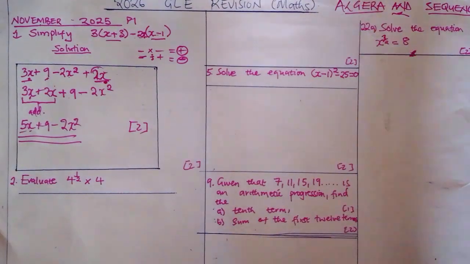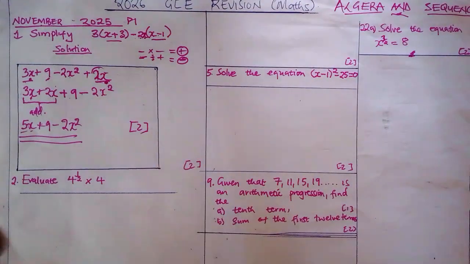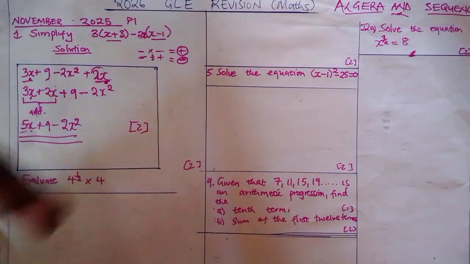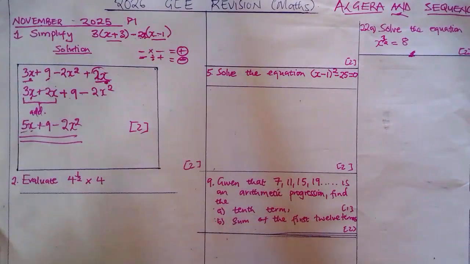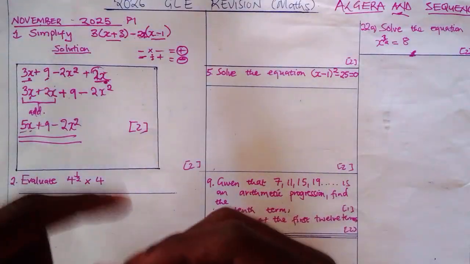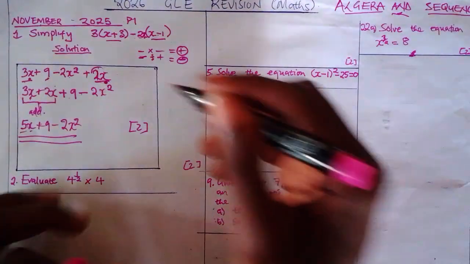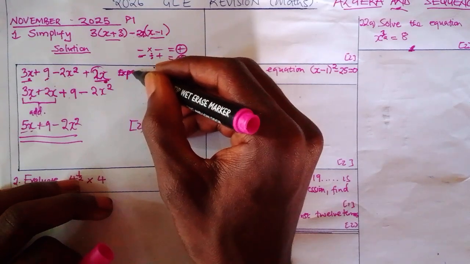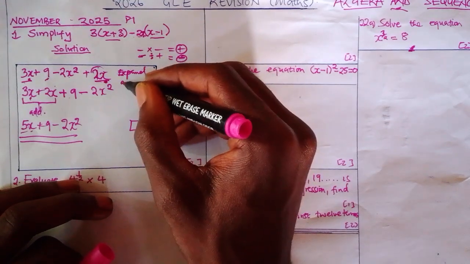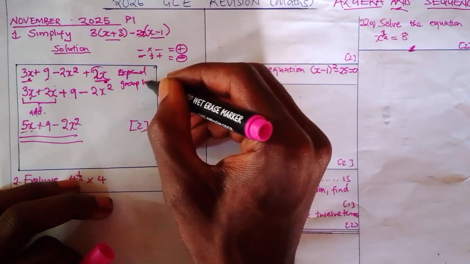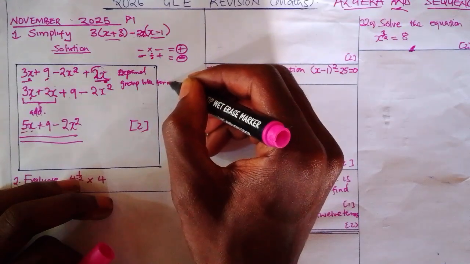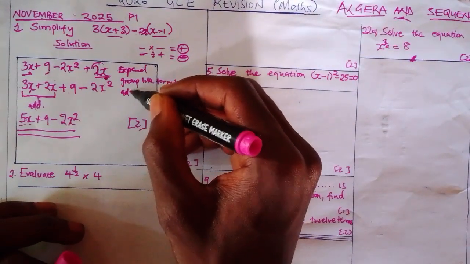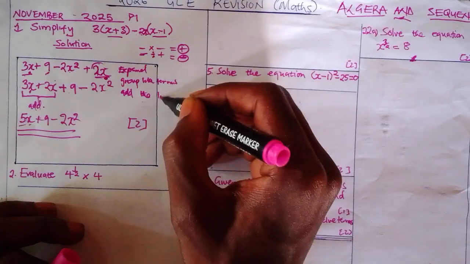So what is the takeaway point here? Whenever you're dealing with simplification, the first step is to expand what is inside the brackets. The second step is to group like terms. The third is to add the like terms.